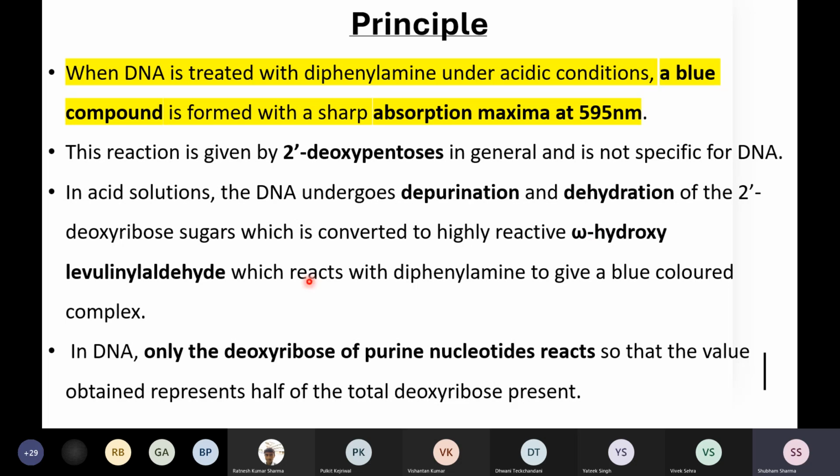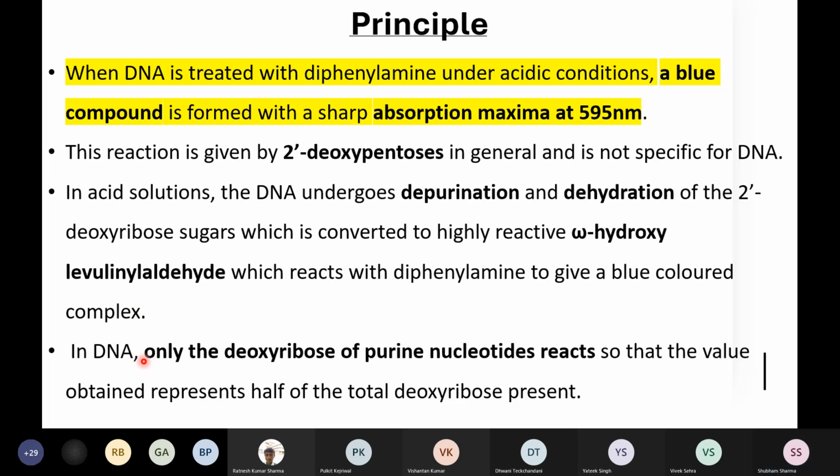When it reacts with diphenylamine in the second reaction, it gives a blue color complex. And this is the complex that we use to determine the concentration of our DNA.